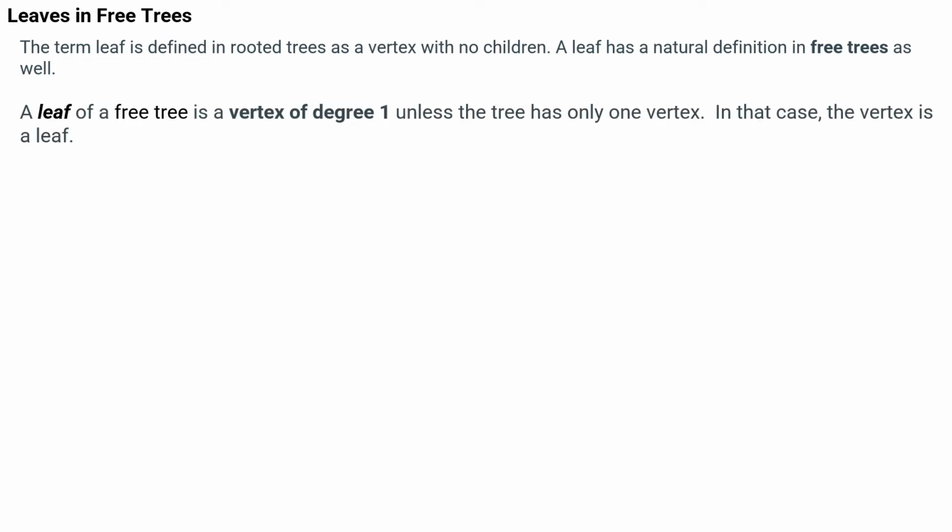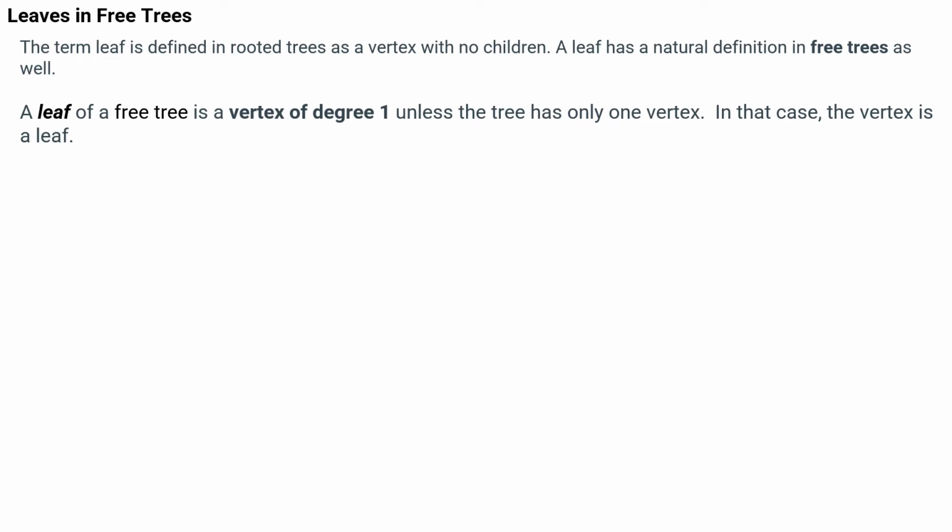Okay, so here's the definition of a leaf in a free tree. It is a vertex of degree 1, unless the tree has only one vertex. So if it was a very simple little tree, all it has is one dot, no edges, then we would say that dot is a leaf. It doesn't have degree 1, right? It would have degree 0 if there are no edges in that graph.